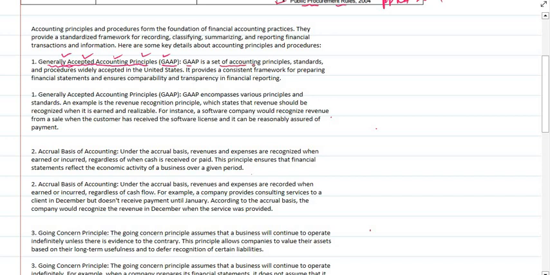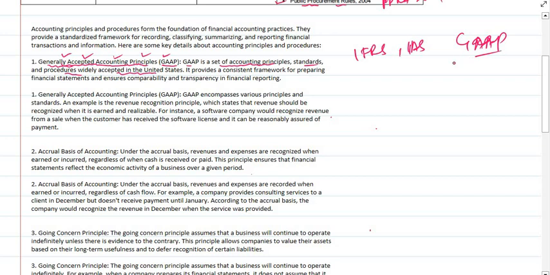It's a set of accounting principles, standards and procedures that are widely accepted in the United States, like IFRS, like IAS, International Accounting Standards. GAAP is also used for the preparation of financial statements.